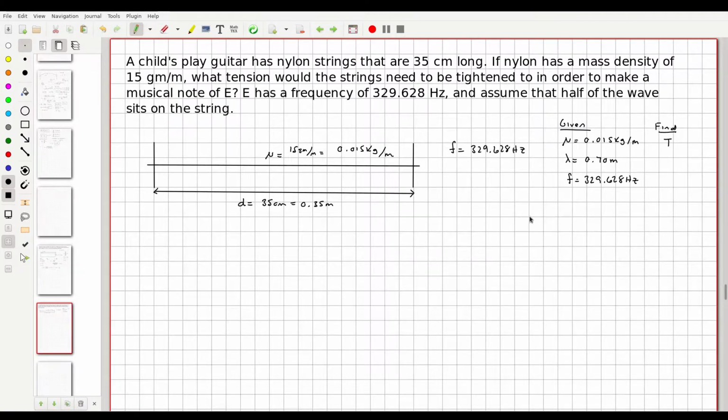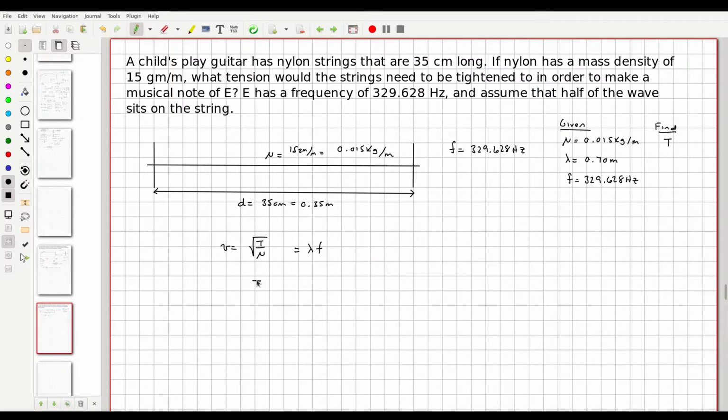Now, previously we know we have this equation right here. Right? But we also know that V is equal to lambda times F. Now we've been given lambda and F. We know mu, and we're trying to find the tension. So really, this is a pretty easy problem.